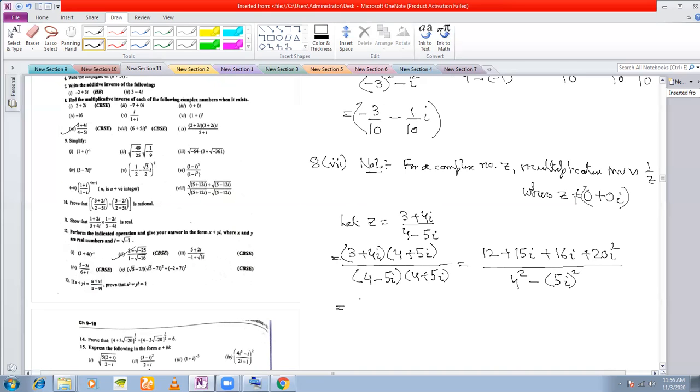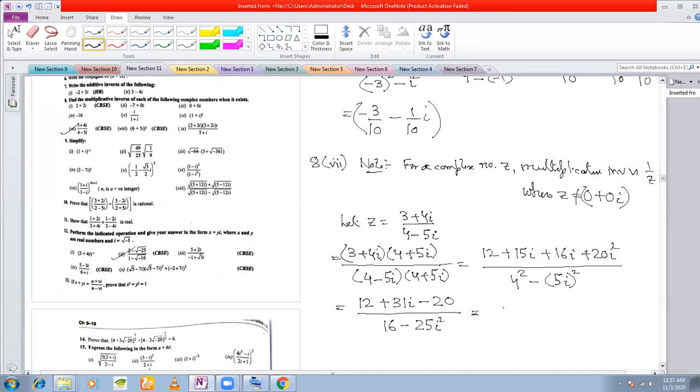So this is 12 plus 31i minus 20, divided by 16 minus 25i square.